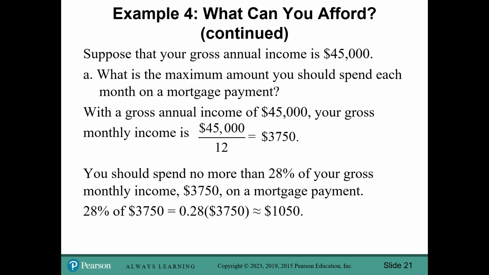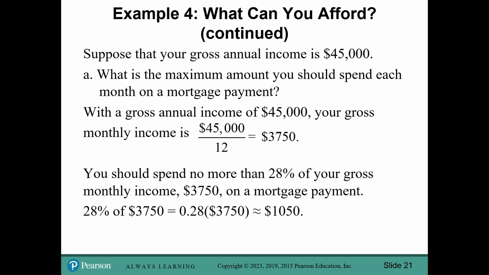So, let's look at this calculation. Starting with A, the maximum amount you should spend each month on a mortgage payment. With a gross annual income of $45,000, your gross monthly income is $45,000 divided by 12. So this is basically what you're making per month if you're making $45,000 per year. You're making $3,750 a month.